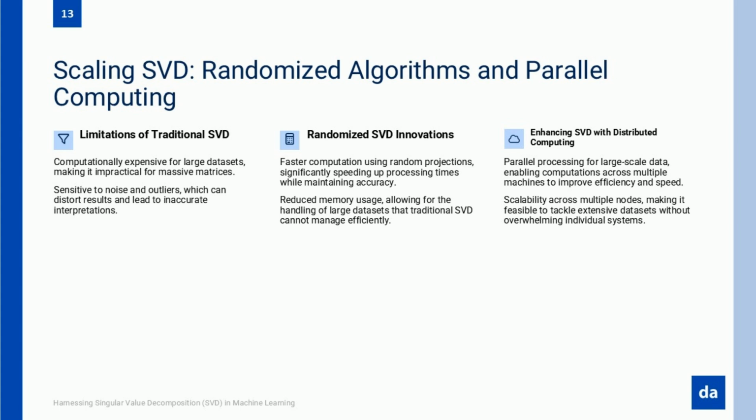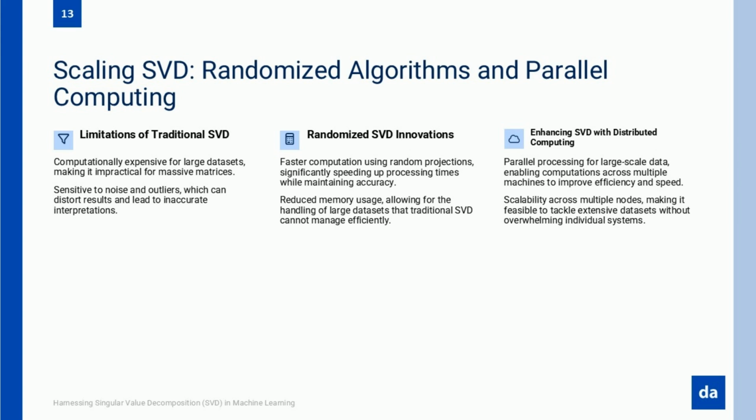A matrix with just 1 million rows and columns would consume terabytes of memory and require weeks of processing time on high-performance systems. This computational barrier has spawned a revolutionary approach: randomized SVD algorithms.